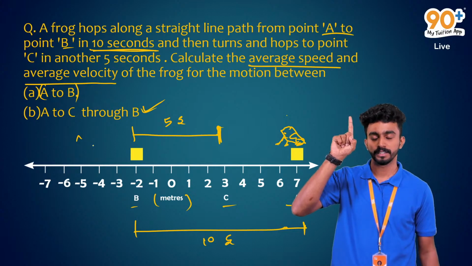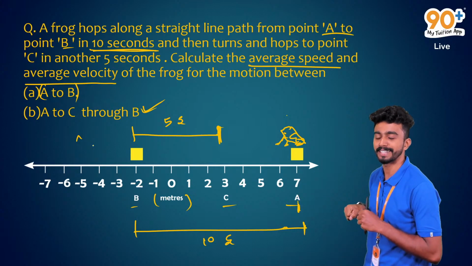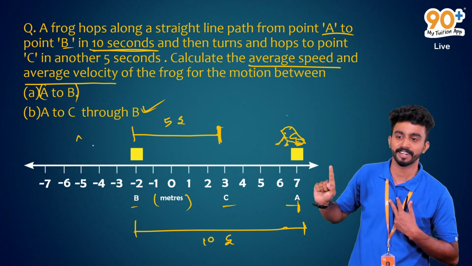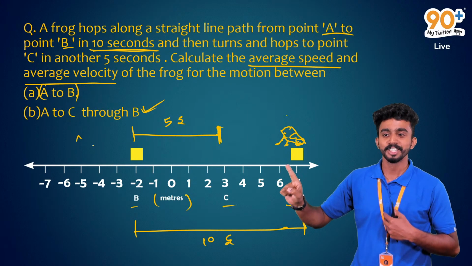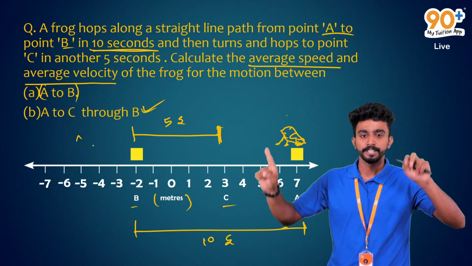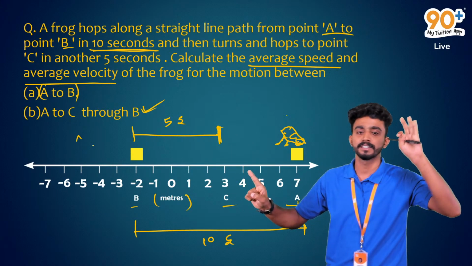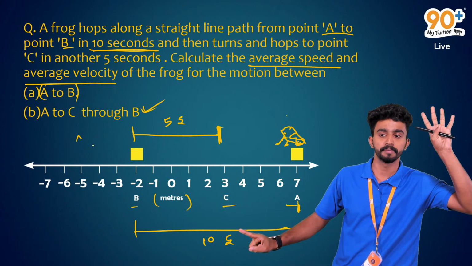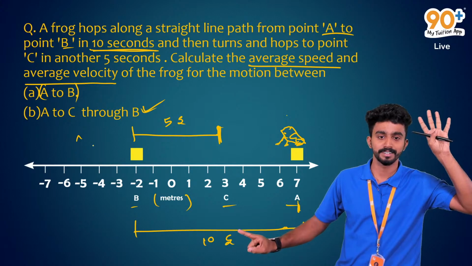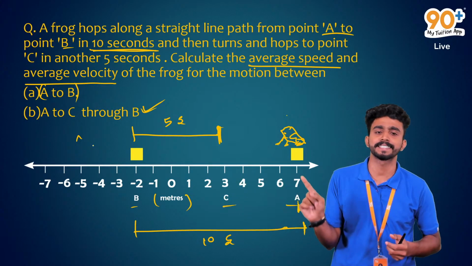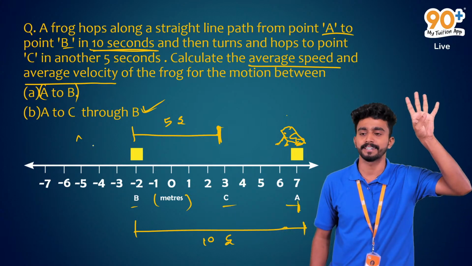Imagine I am the frog: from 7 to 6, 1 meter covered. From 6 to 5, 2 meters. From 5 to 4, 3 meters. From 4 to 3, I'll cover 4 meters. Even numerically, if we subtract 7 minus 3, you will get 4, right?